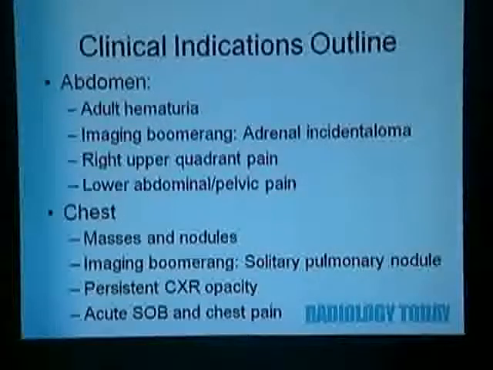The first one is an adrenal incidentaloma. Then we're going to move on to right upper quadrant pain, then discuss a little bit of lower abdominal and pelvic pain, and then move north into the chest, discuss some CT after detection of masses and nodules, another imaging boomerang, which is the solitary pulmonary nodule, the persistent chest X-ray opacity, and then acute shortness of breath and chest pain.